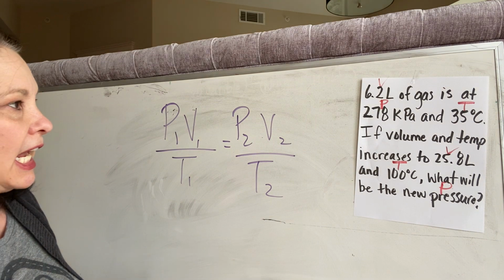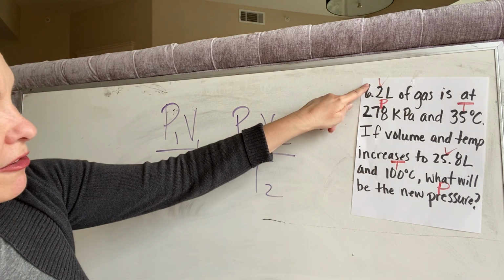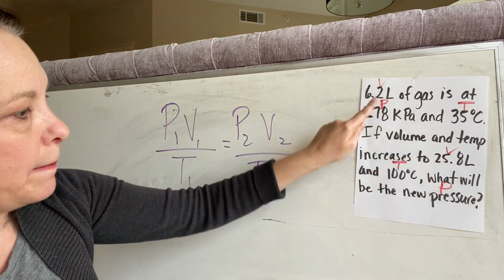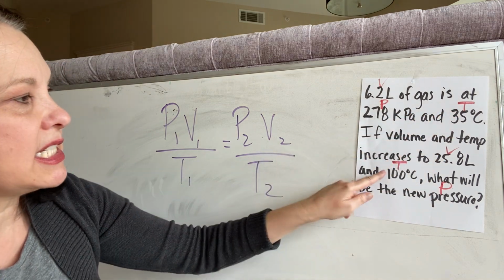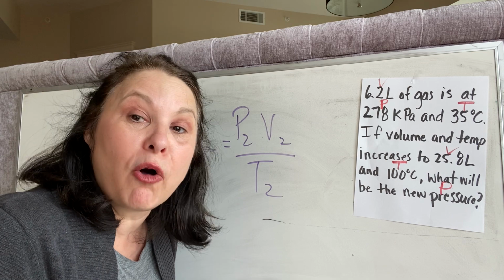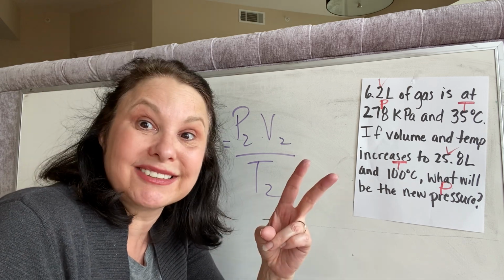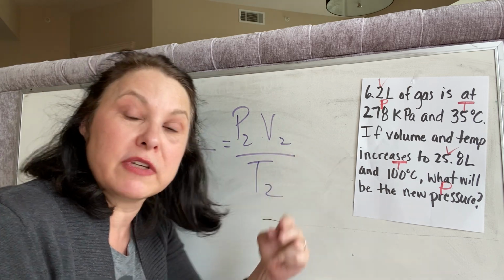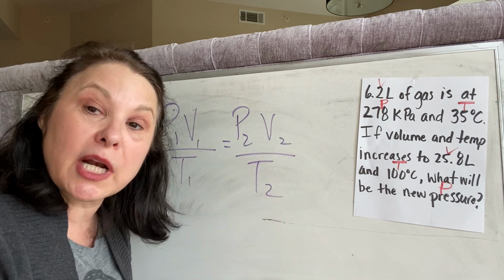If you look, I've got V's, I've got P's, and I've got T's. So absolutely nothing is removed. We're going to use all three variables twice. 2 P's, 2 V's, and 2 T's. So we just got to plug them in.